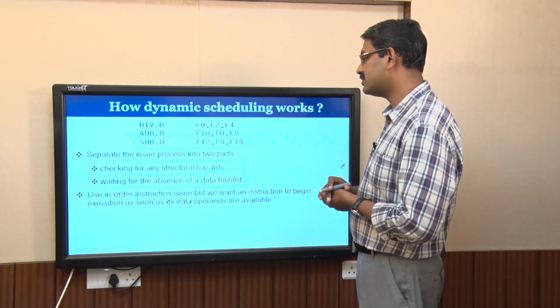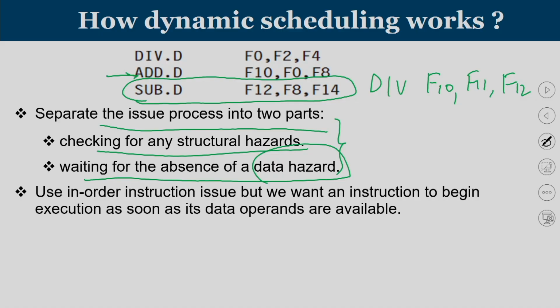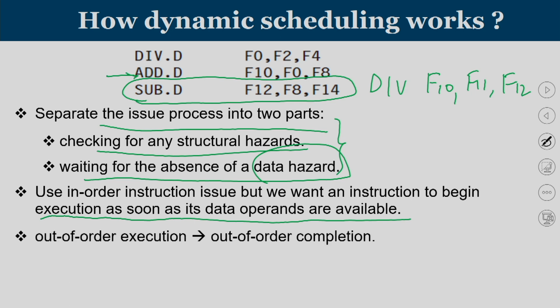So use in-order instruction issue, but we want an instruction to begin execution as soon as data operands are available. And that extra facility is called out-of-order execution. Out-of-order execution means your instruction can complete out of order. So when subtraction starts execution before addition, subtraction will always complete before addition.